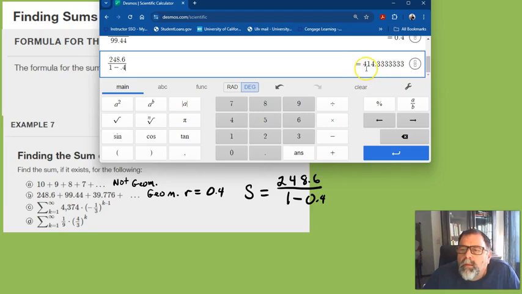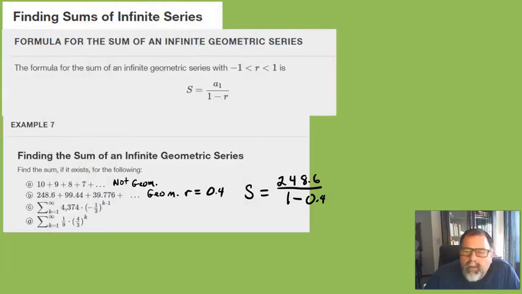If you're using a regular calculator, make sure you put parentheses around that. So that's 414.3333, which equals 414 and 1/3.